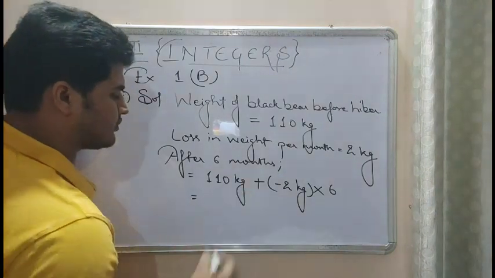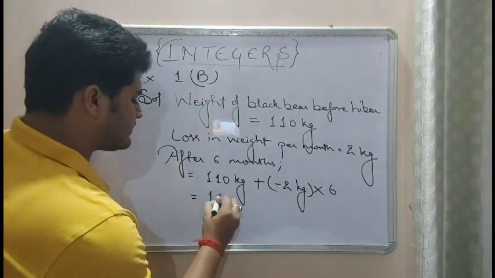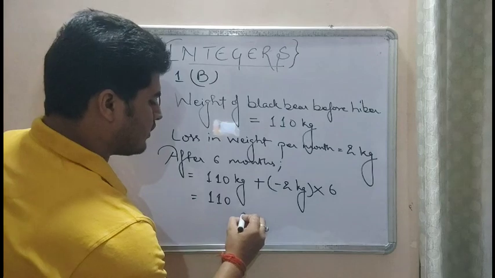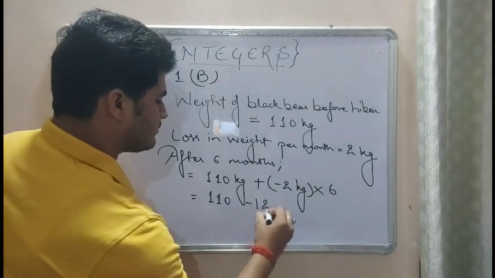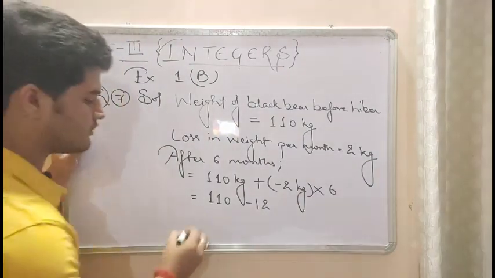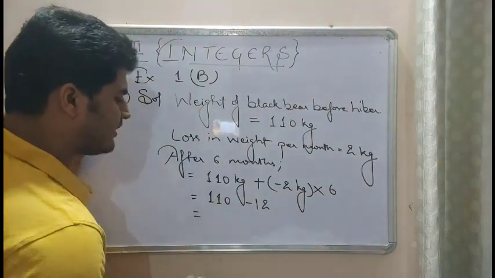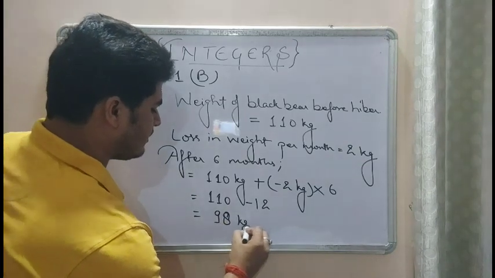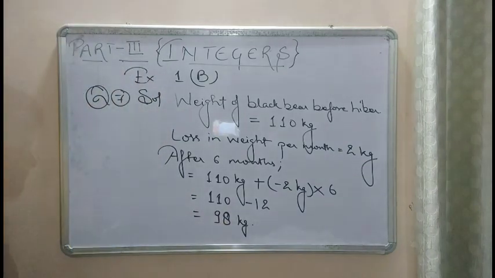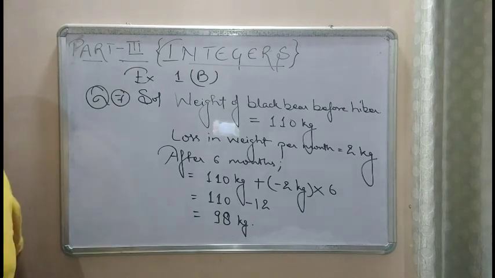This is going to be the expression. Now if we solve this, we are going to get the answer. So 110 minus 2 into 6, minus 12. So 110 minus 12 is going to give us 98 kg. So 98 kg is going to be the answer.